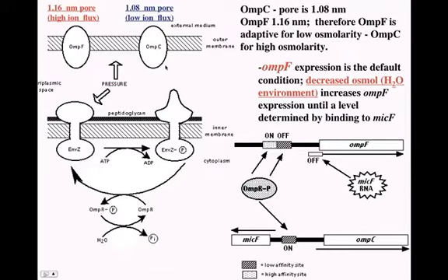But now it gains access to your intestinal tract, where solute concentrations are higher. That signal, the increased osmolarity, is detected by the membrane histidine kinase ONZ. Now the situation is as shown here on the right-hand side.